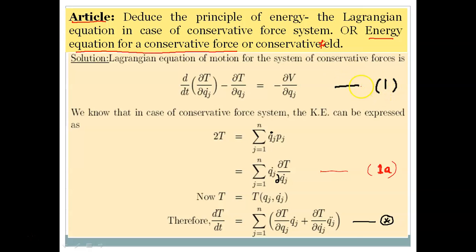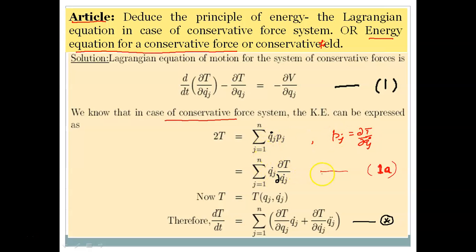This is equation 1, and we have just derived this expression that for a conservative force system, kinetic energy can be expressed as 2T equal to qj dot pj. Pj, of course, you know, pj is del T by del qj dot.